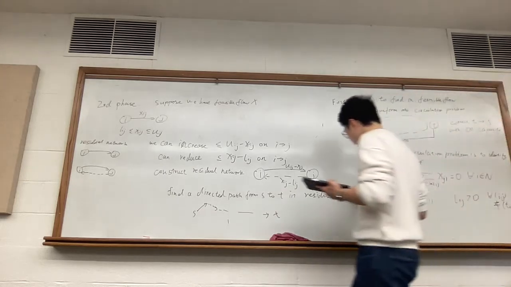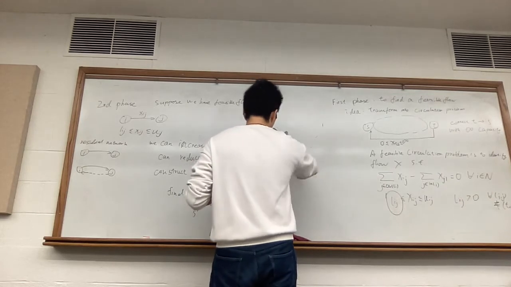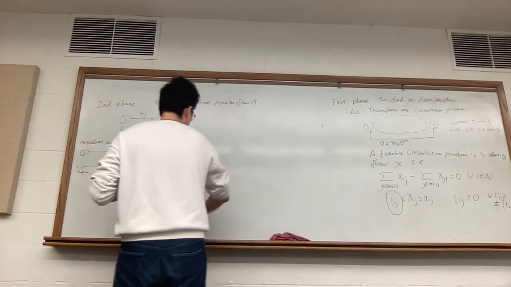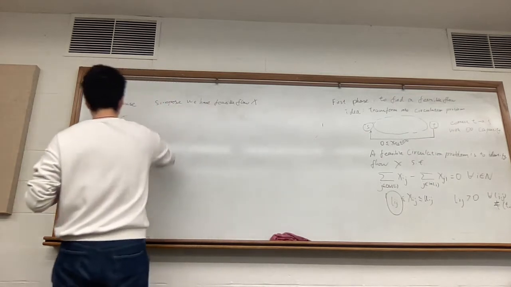So our next step is to eliminate the Lij. That's to say, we want to transform it into another problem such that this lower bound is just 0.